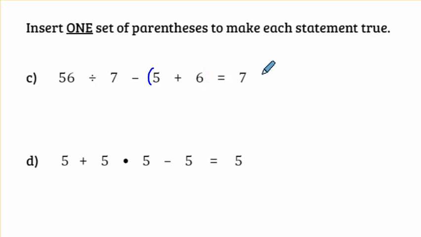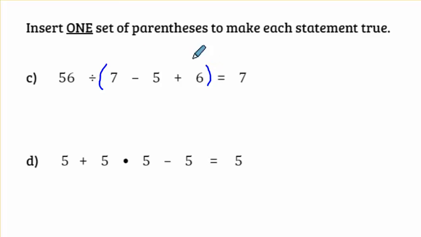All right, so you might remember that I kind of gave you a hint that you can put parentheses around more than just two numbers. It's still just one set of parentheses, but you can put it around 3 numbers, for example. So let's think through this.